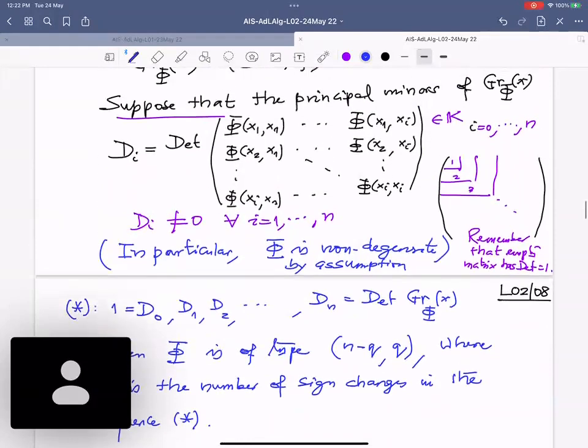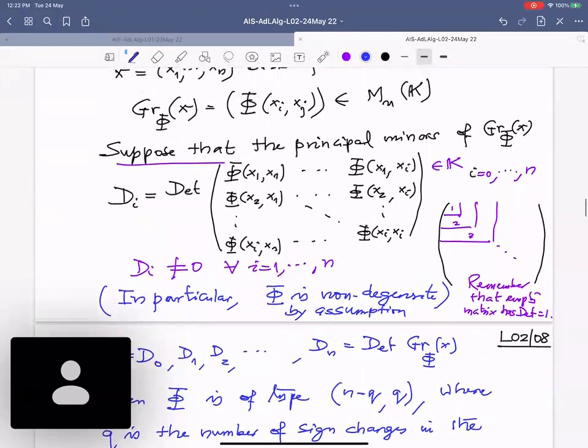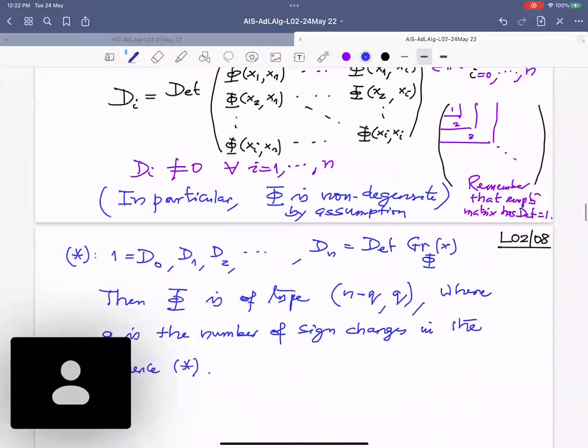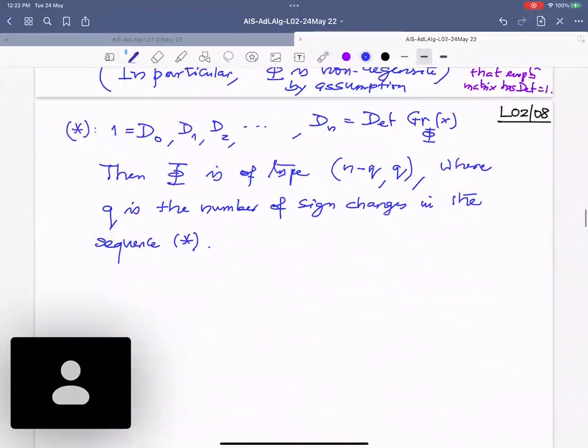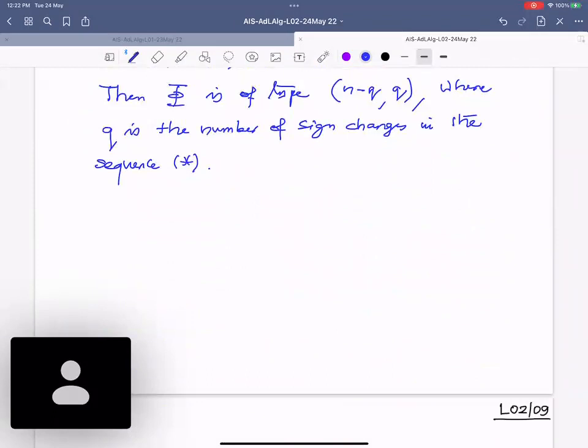But in our case, we don't have to remove anybody because all these Di's are non-zero by our assumption. D0 is positive. If D1 is positive, go to the next, till you get negative, then you count one and keep doing it. So you just have to count how many times the sign changes. And that change of sign is the Q.